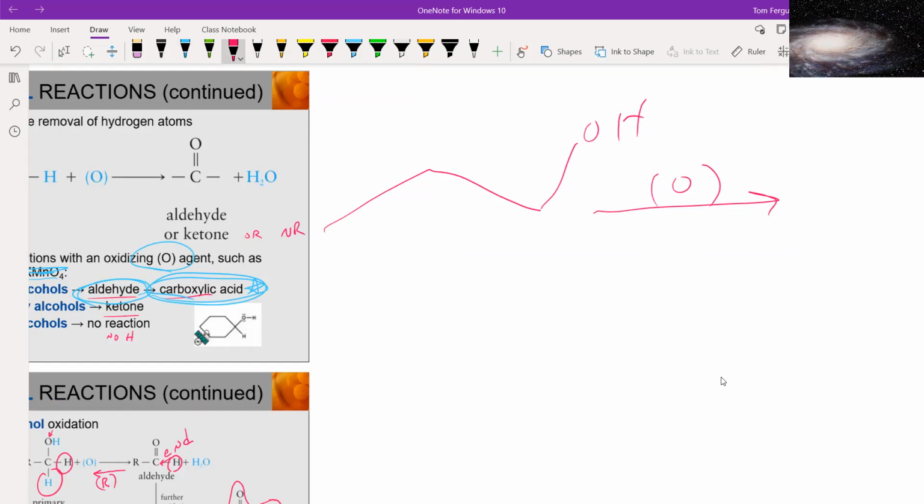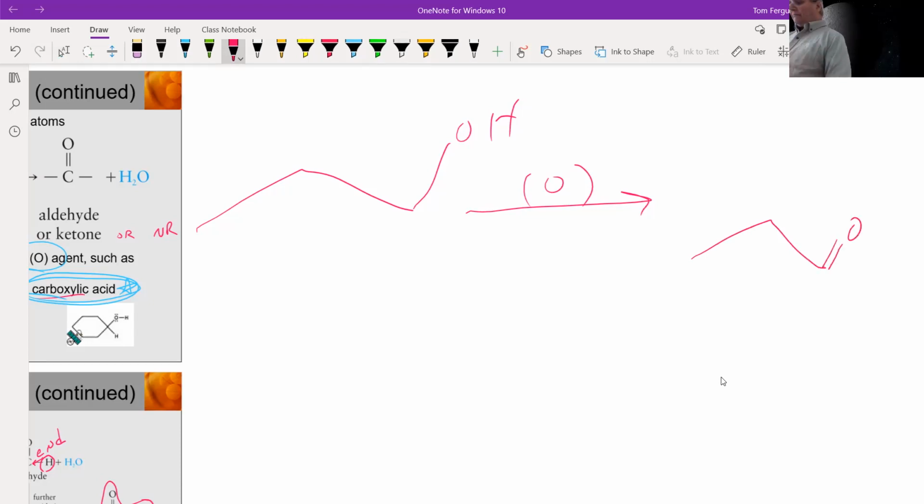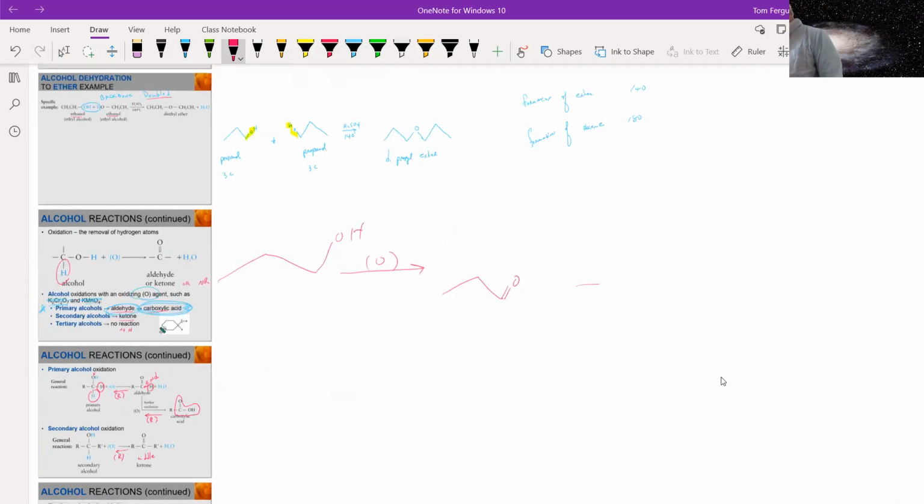No. So primary alcohols have two hydrogens on the end. That means it can be oxidized twice. First oxidation turns that OH into an aldehyde. An aldehyde is a double bonded O. But it doesn't stop there. Second oxidation goes to the acid.